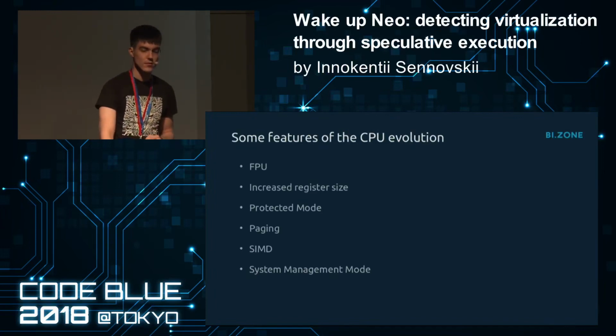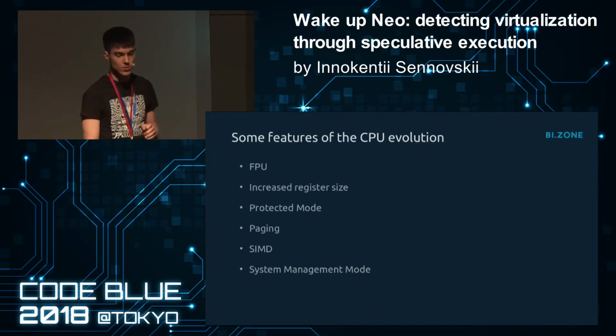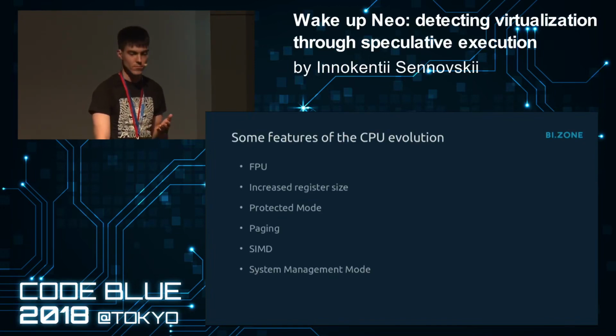We have single instruction, multiple data extensions, which allow the user to execute simultaneous tasks on the same sets of data using the same instructions. And we even have system management mode for tasks specific to manipulation of hardware and precise management of power.